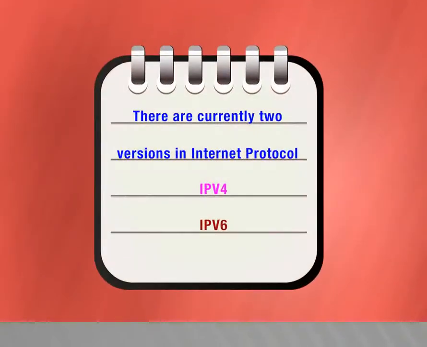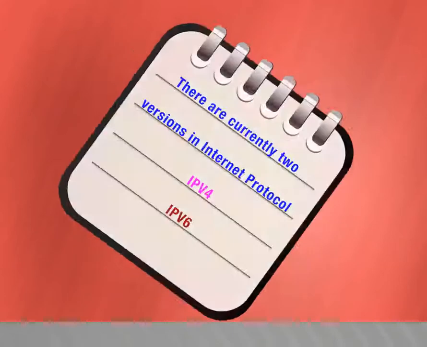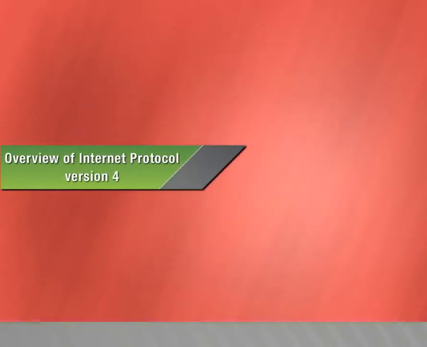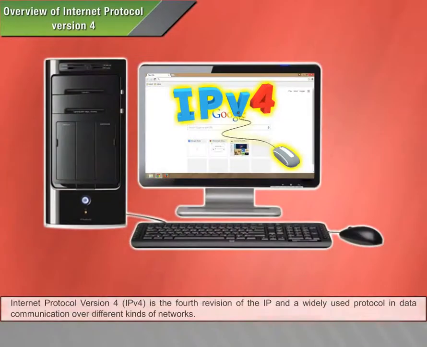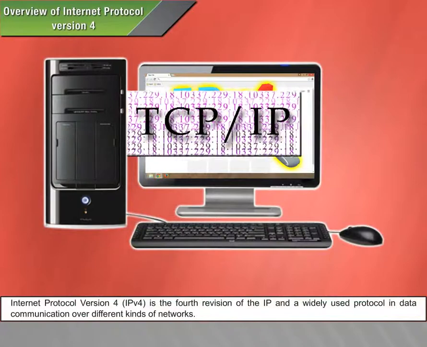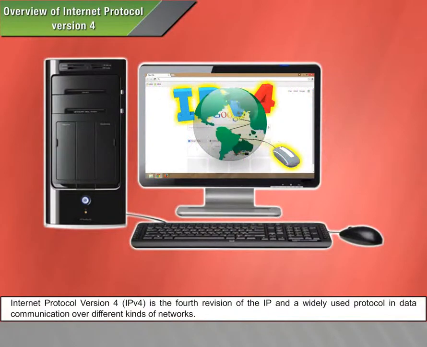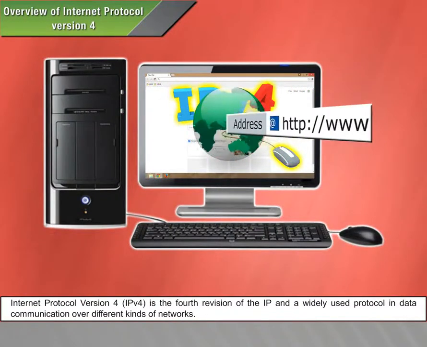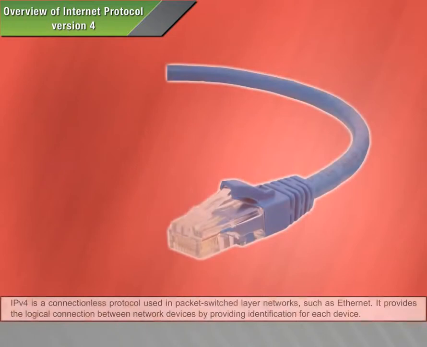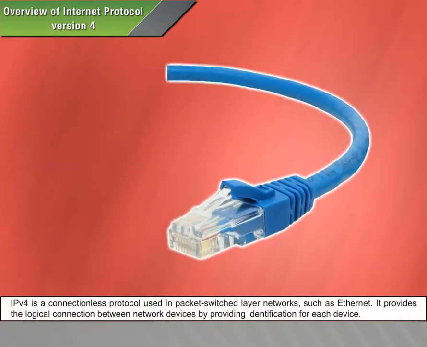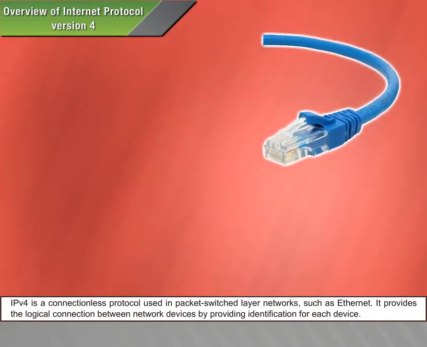There are currently two versions of Internet Protocol, IPv4 and IPv6. Overview of Internet Protocol version 4. Internet Protocol version 4, that is IPv4, is the fourth version of the IP and a widely used protocol in data communication over different kinds of networks. IPv4 is a connection-less protocol used in packet-switched networks such as Ethernet.